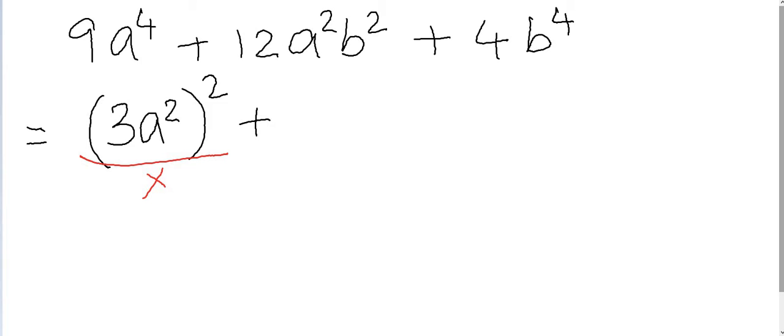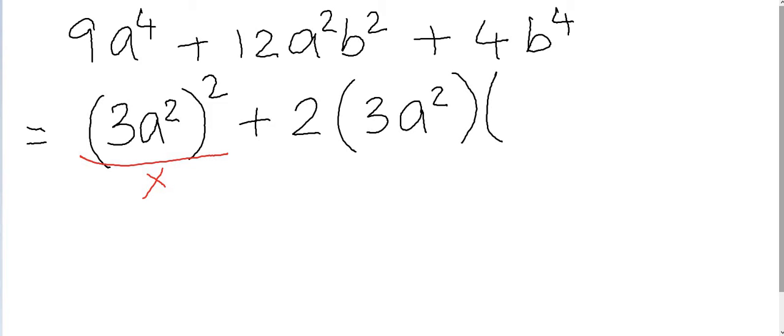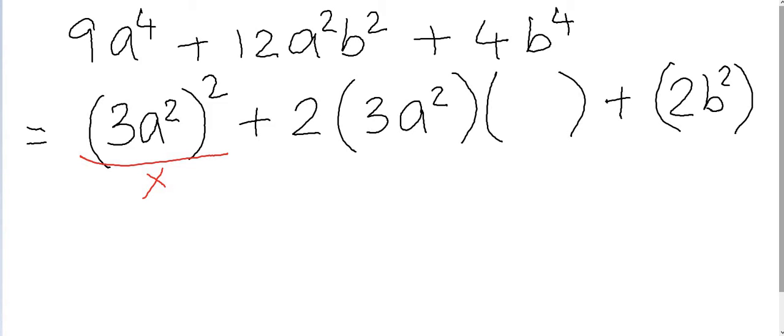So x square plus 2 times x plus something plus 4b to the power 4 is 2b square whole square.